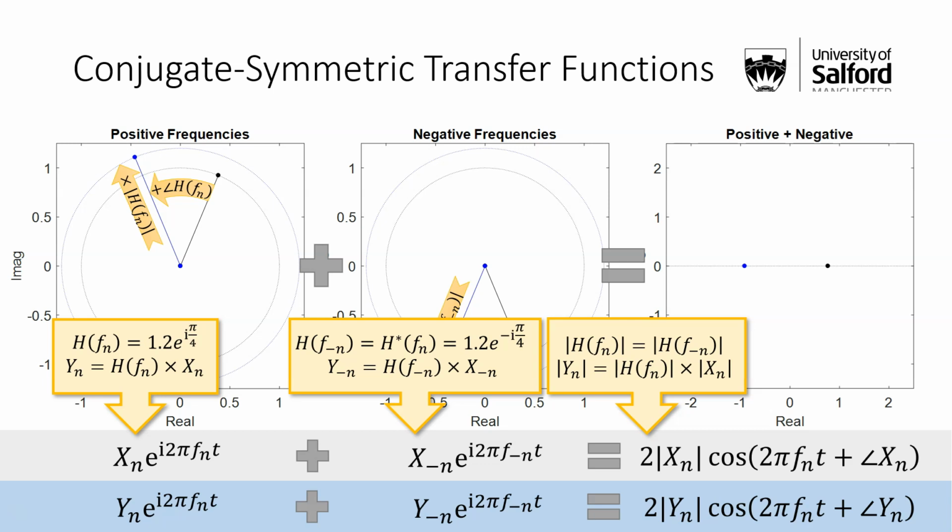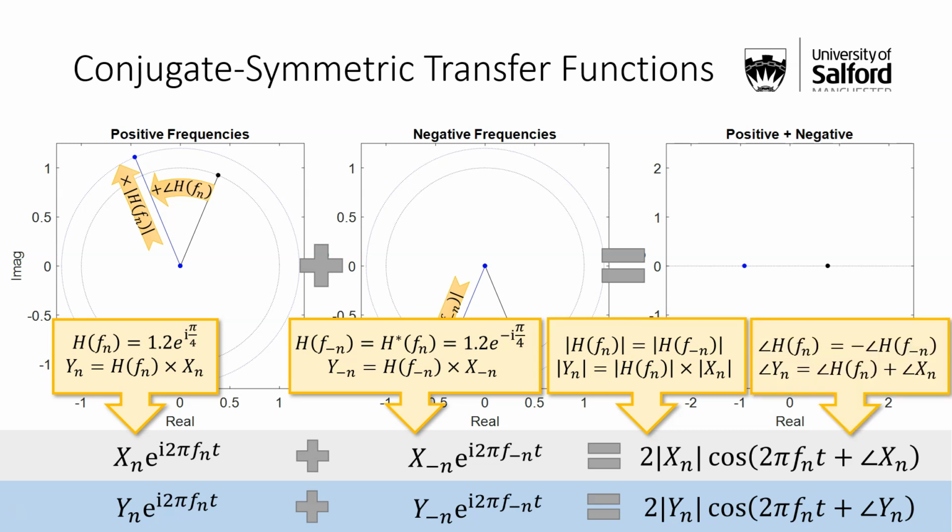Of course, the magnitudes are the same for both the positive and the negative frequencies. But the phases of the transfer function, like the other spectra, are negated and phases add. So the phase of Y is the phase of H plus the phase of X, which is what you saw in the previous definition for Y.